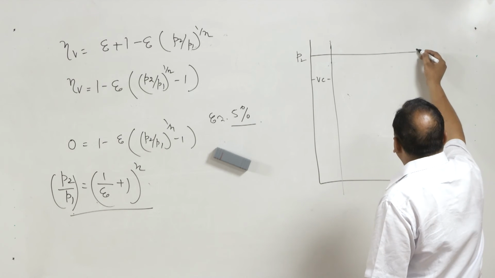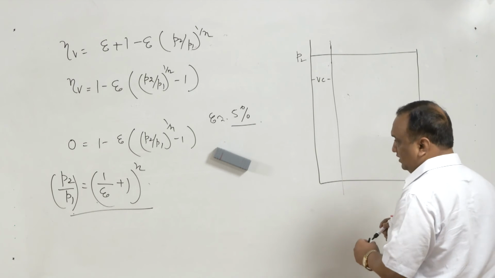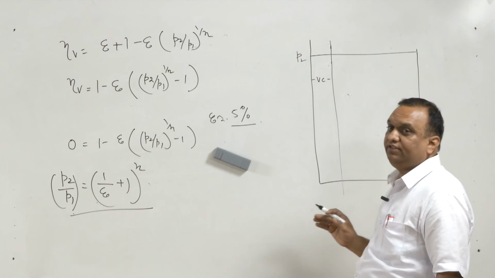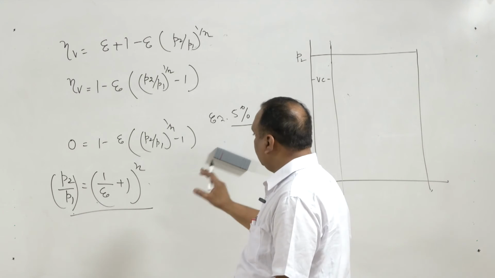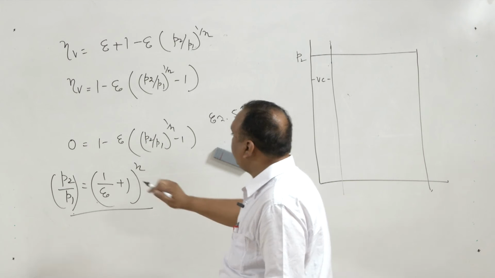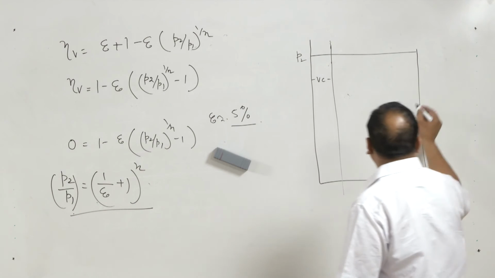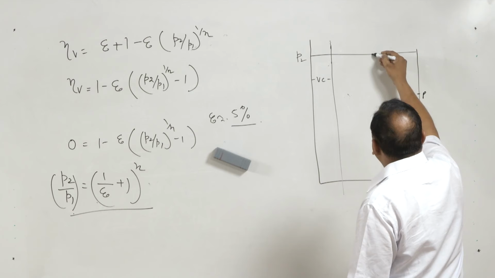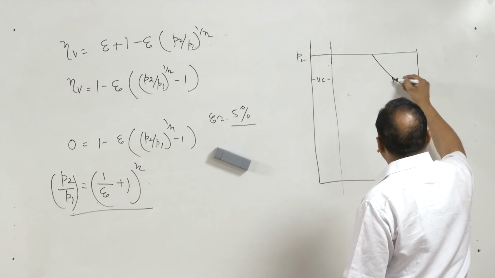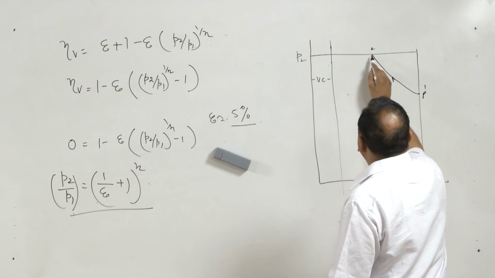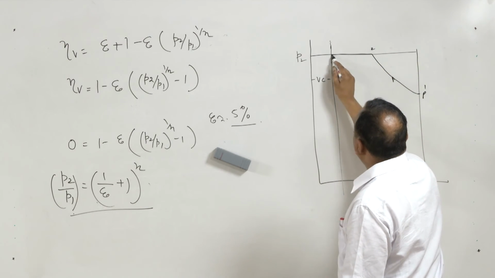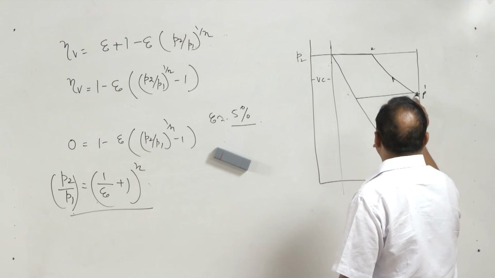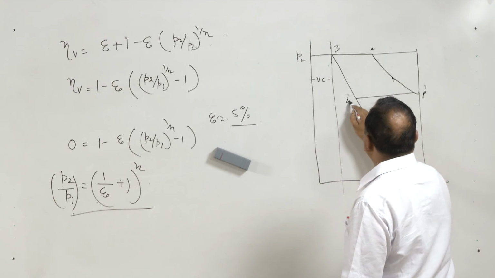If we keep on reducing P1, let us see at what stage we will be getting the volumetric efficiency as 0. So starting from P1 here, the vapor is compressed from 1 to 2, then constant pressure discharge, and then expansion takes place. So we can locate the points 1, 2, 3, 4 here.